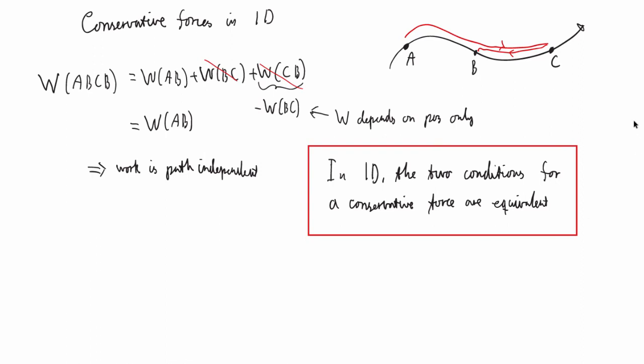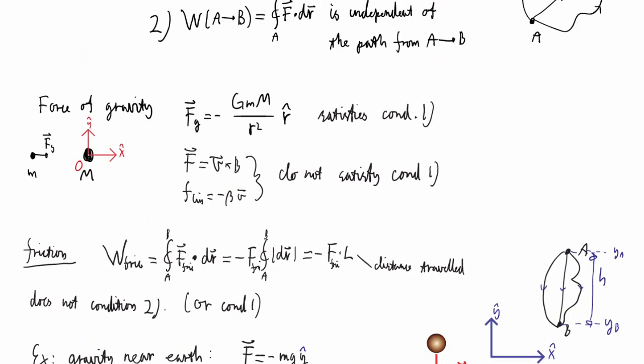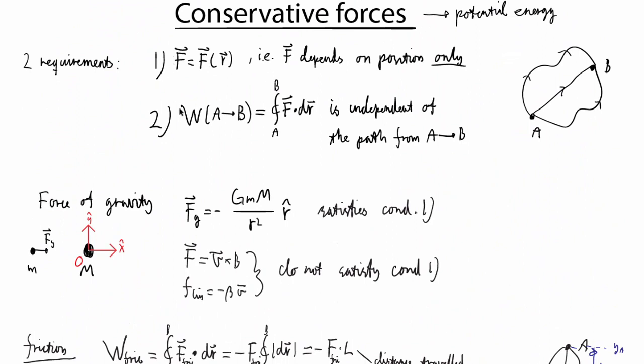So under that circumstance, we only have to take into account the one condition on a force being conservative. But in all other cases, if we're working in two or more dimensions, then both of these conditions need to be satisfied, and you need to test for both of them. But one dimension is a special case.